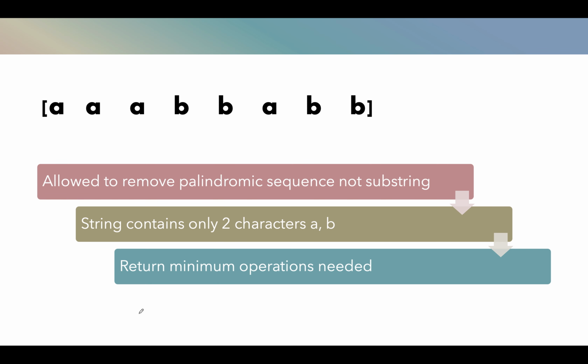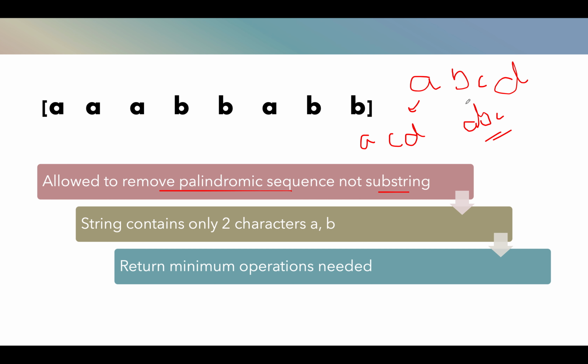So the three important pieces of information specified in the question. The first one was you're allowed to remove only palindromic subsequences, not substrings. What is the difference between a subsequence and a substring? Let me explain that with an example. Assume we have an input string A, B, C, D. A subsequence would be A, C, D. However, A, B, C is its substring.